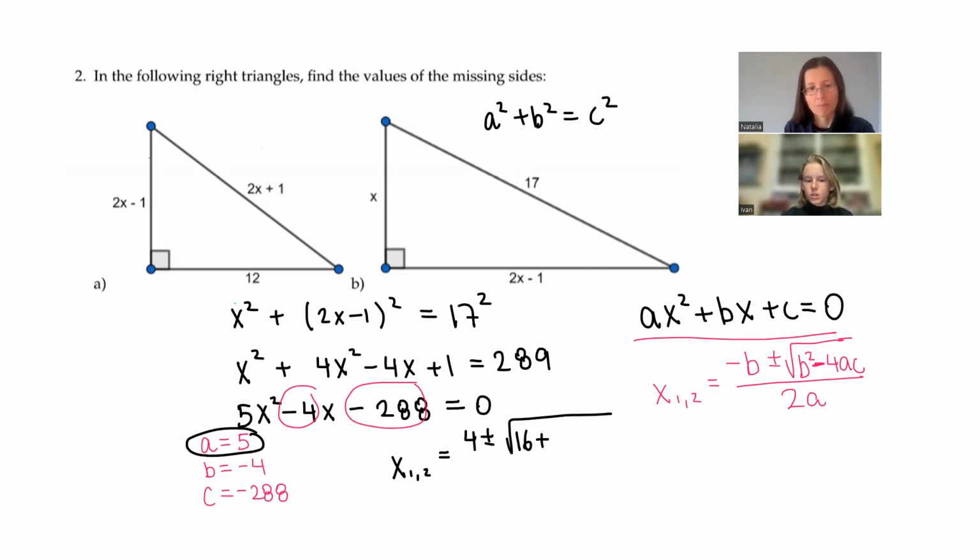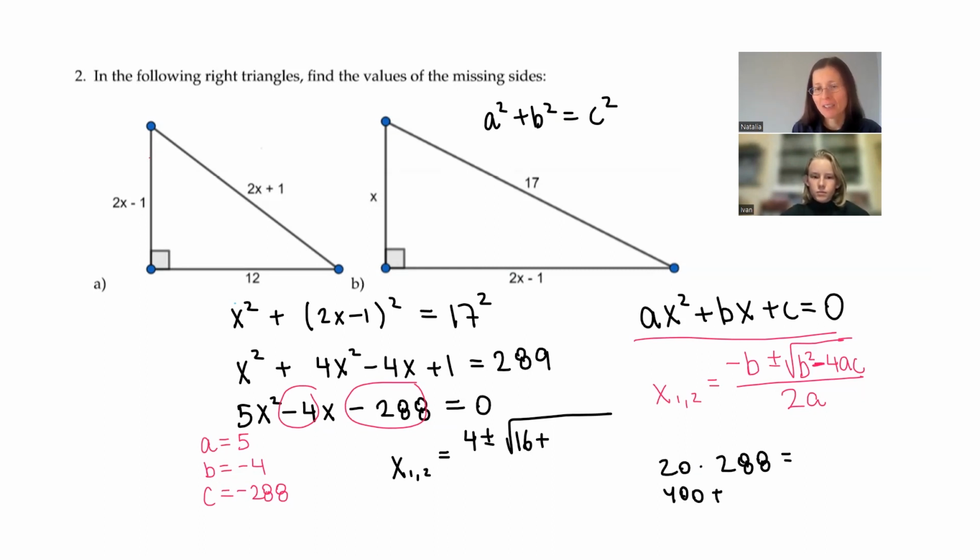For which 4 times 5 is 20, and 20 times 288 is 288 times 2, with a 0 at the end. Let's double it. 200 doubled is 400, 80 doubled is 160, 8 doubled is 16. So that's going to be 576 and a 0.